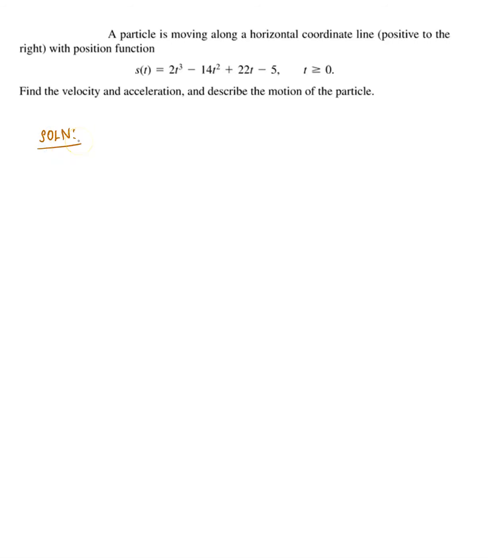We need to find the velocity. Velocity is denoted by v of t, and it is basically the first derivative of the position, isn't it? So we need to take the derivative of s, which is 6t squared minus 28t plus 22.